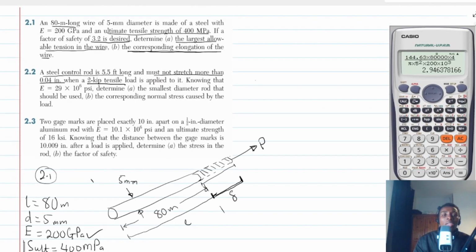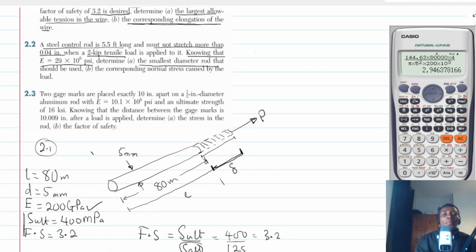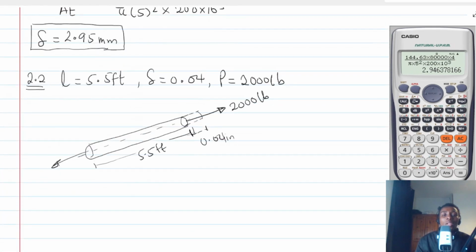Now he's saying that knowing that E, which is the Young's modulus, is 29 times 10 to the power 6 psi, we should determine the smallest diameter rod that should be made.